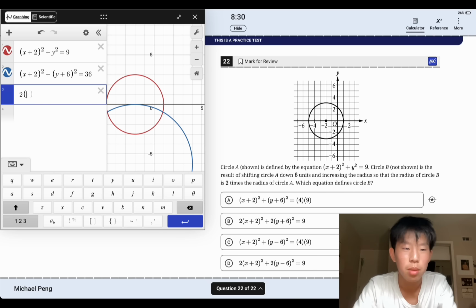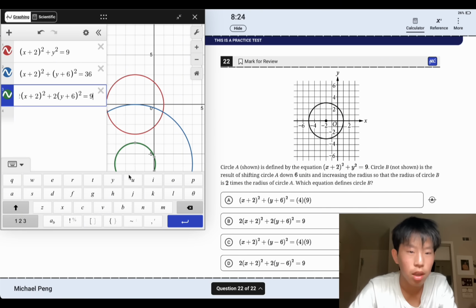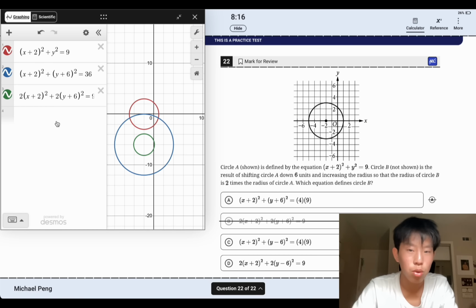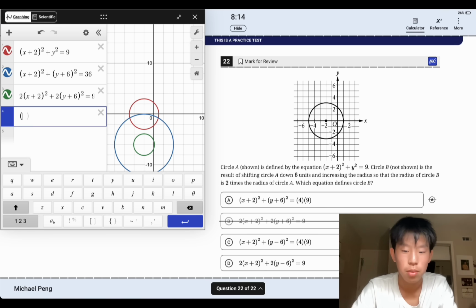Number B: 2x plus 2 squared plus 2y plus 6 squared equals 9. Does this look like the radius was doubled? Definitely not. So it definitely can't be this one. Strike through. And let's try this one: x plus 2 squared plus y minus 6 squared equals 36.